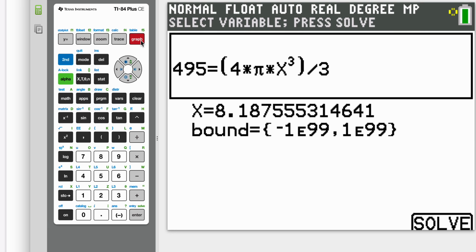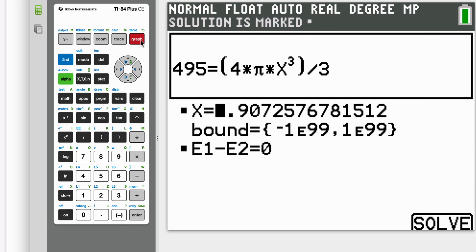And OK, and solve. So my lower bound there is r equal to 4.907, or to three significant figures, 4.91 centimeters.